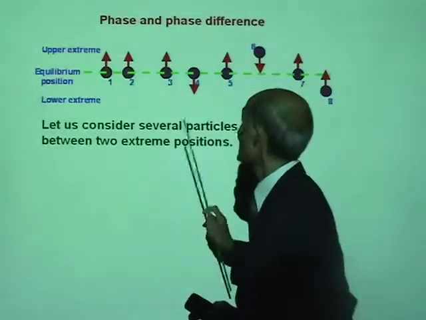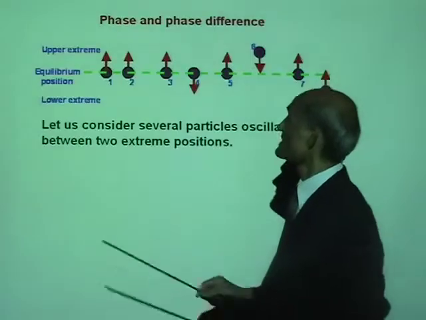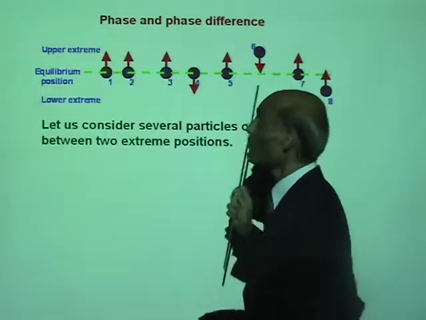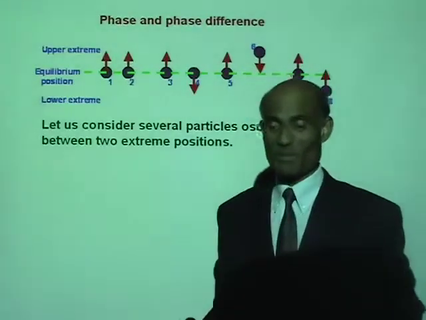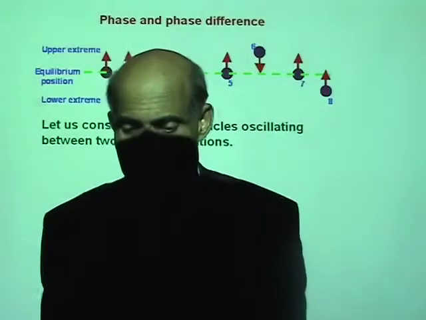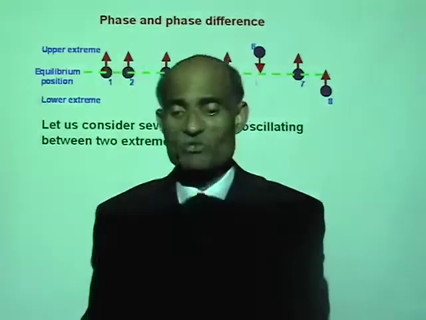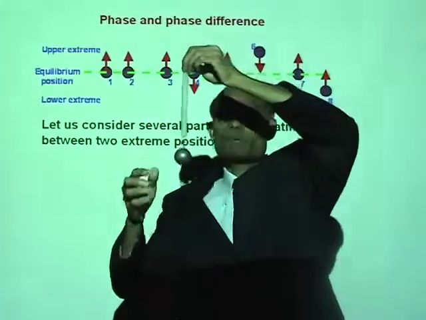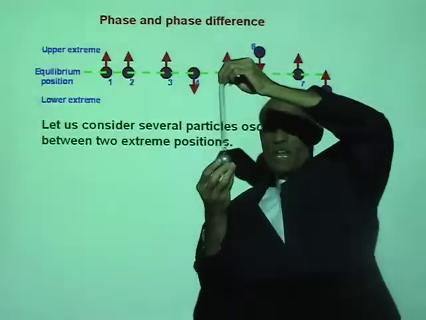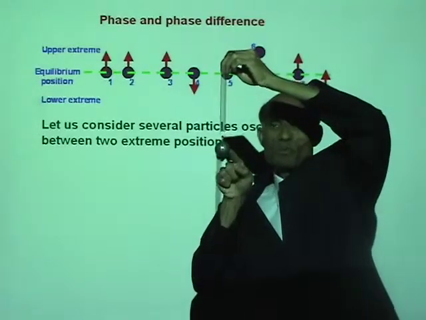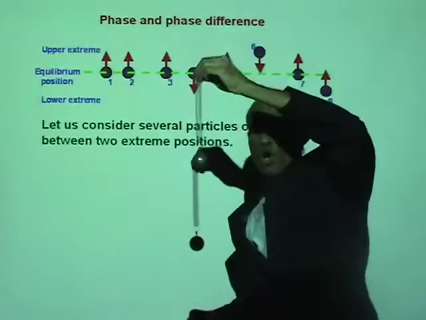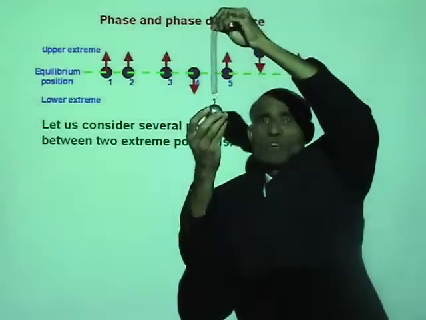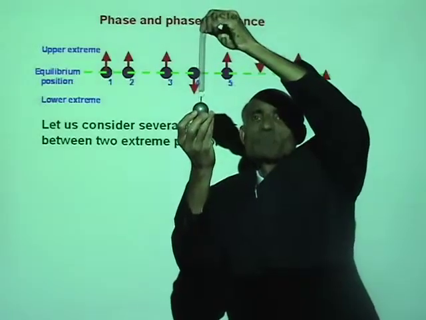Let us consider several particles oscillating between two extreme positions. Now, what is the meaning of oscillating between two extreme positions? I told you when I showed you this spring oscillating, this is its normal position. What did we say we're going to call that position? We call it the equilibrium position.